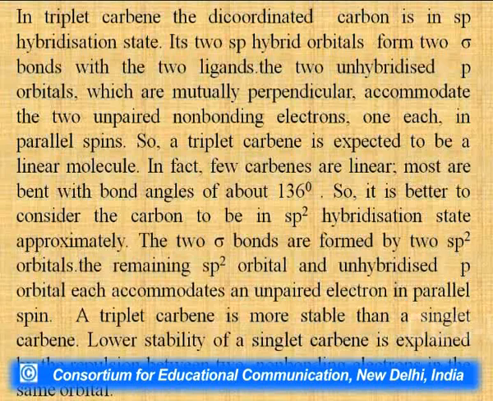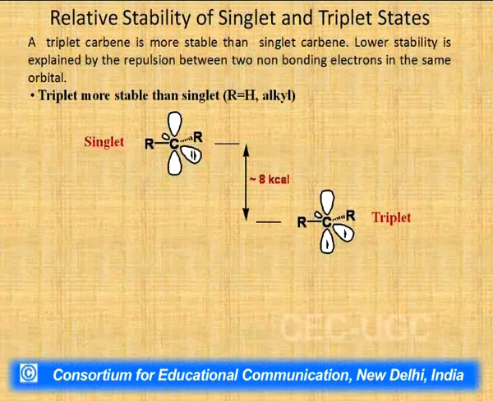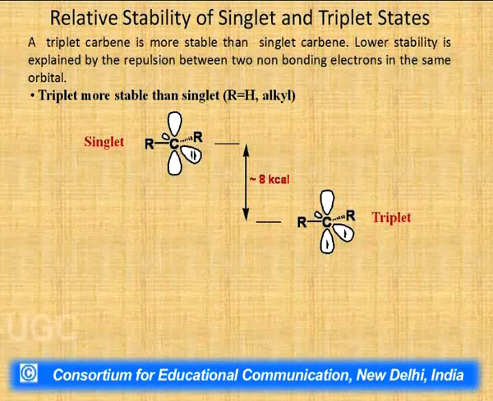A triplet carbene is more stable. We will see in the coming slide how and by how much it is more stable than a singlet carbene. The lower stability of singlet carbene is explained by the repulsion between two non-bonding electrons in the same orbital. You can see the relative stability of singlet and triplet carbenes. A triplet carbene is more stable than a singlet carbene.